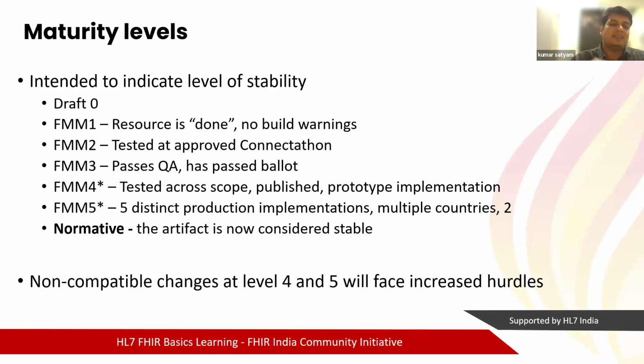Rest are various degrees of maturity. So FMM 0 is the draft standard, and then 1, 2, 3, 4, 5 as the maturity goes on, right? If an artifact is at maturity level 3, 4, 5, it is fairly stable.